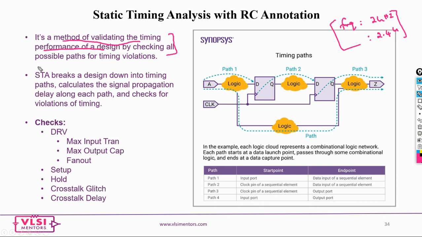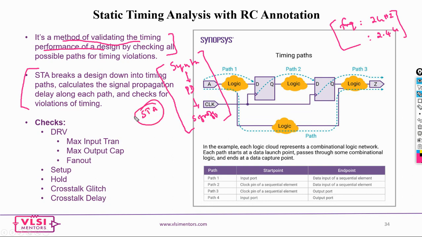STA is the main step that we do all the way from synthesis to PD and then sign off. So in all the stages you definitely need STA. Anyone planning to get into PD, synthesis, or sign off definitely needs to learn STA in depth, and we cover that in our syllabus.